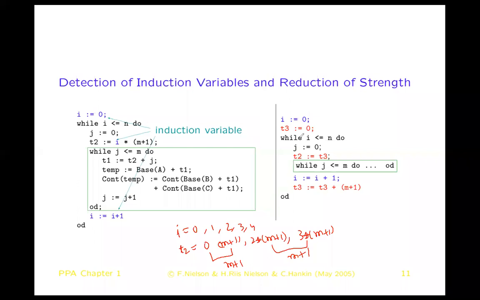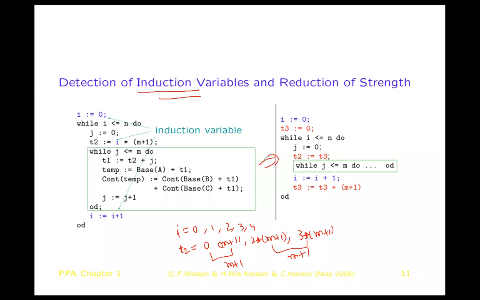So this is what is called the detection of induction variables analysis pass. Followed by that, we do a transformation pass, which is called reduction of strength transformation. What you are seeing on the right-hand side is the transformed code.